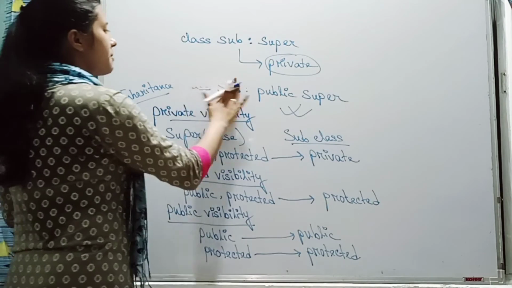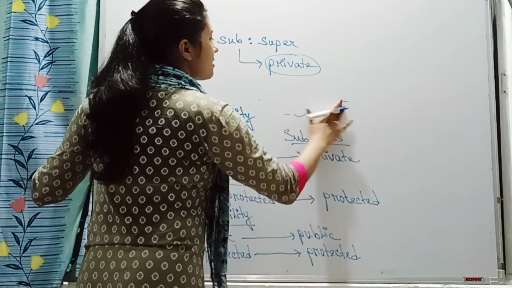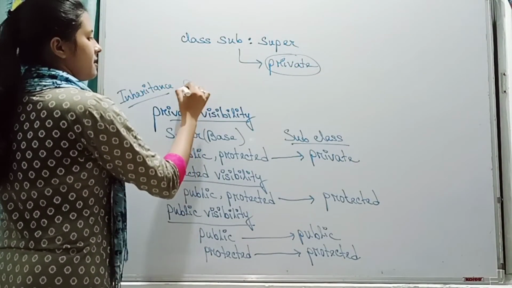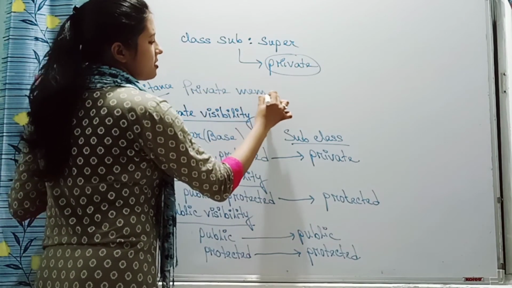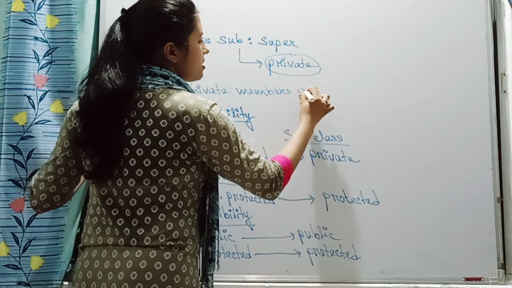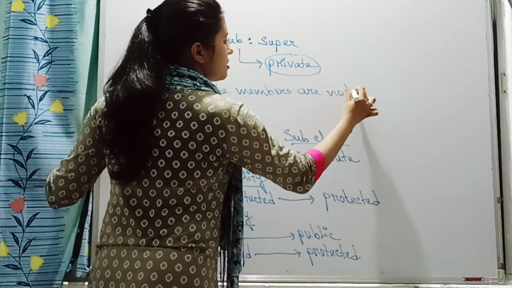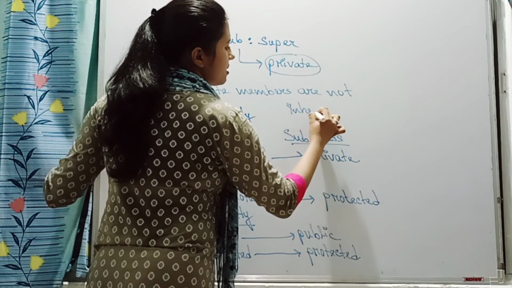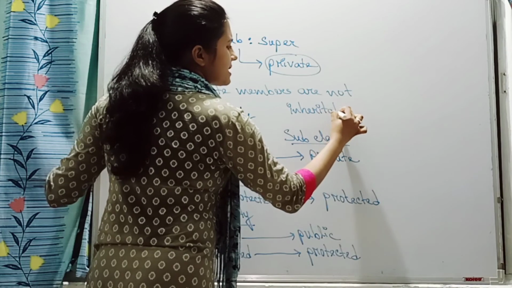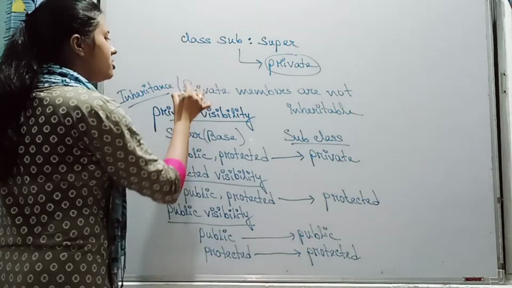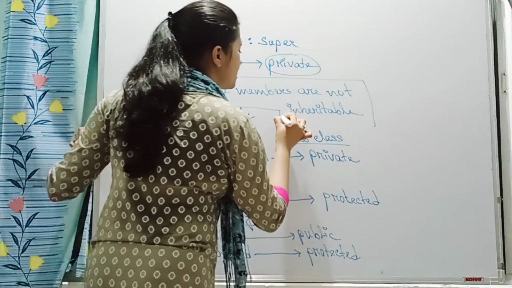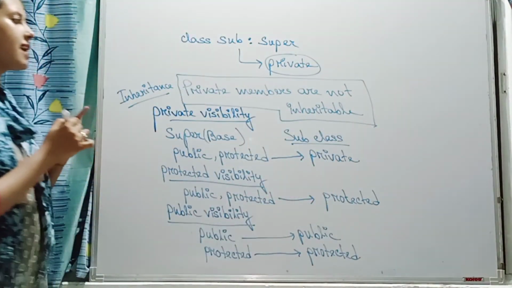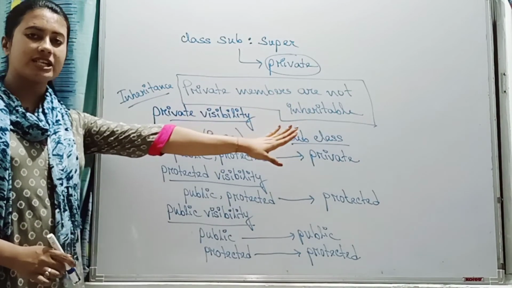And always remember one thing, that private members are not inheritable. It can be in any visibility mode, private, protected, or public, but always remember that private members are not inheritable.